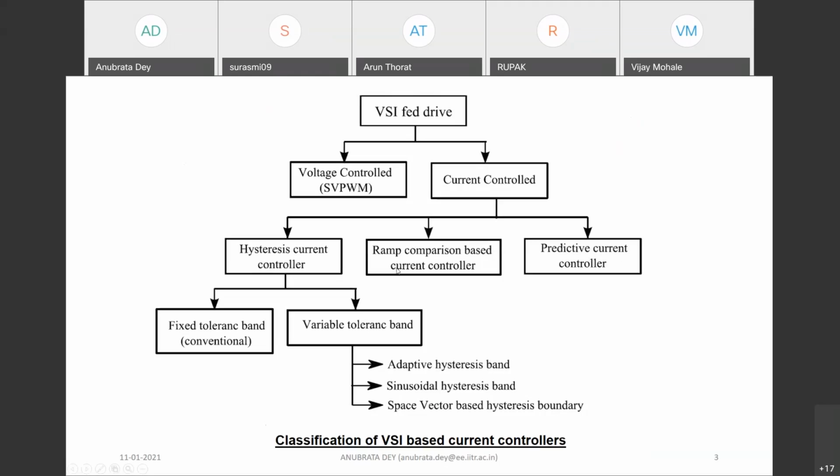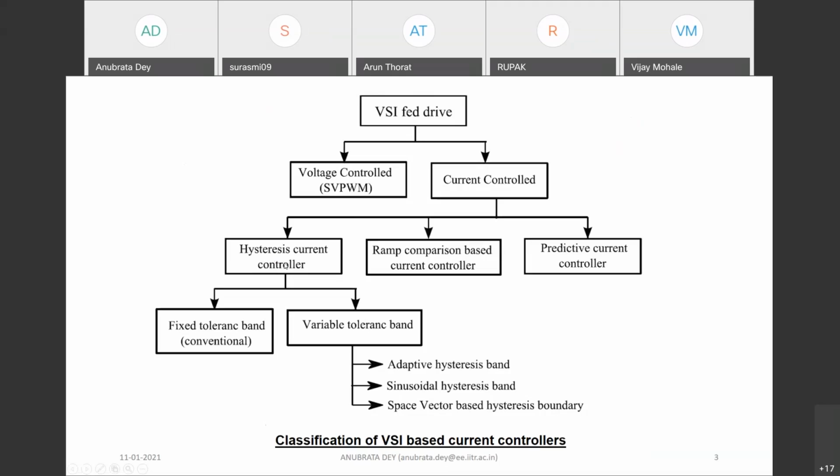Whereas ramp comparison based current control is regarded as linear control because it has a linear relationship with the current error it deals with and gives the output accordingly.